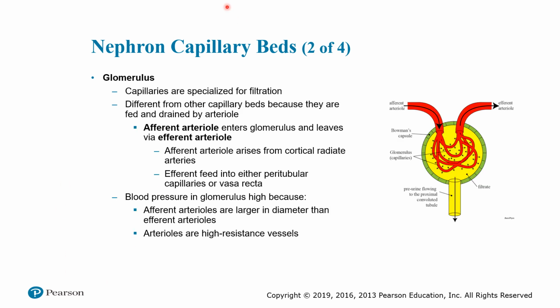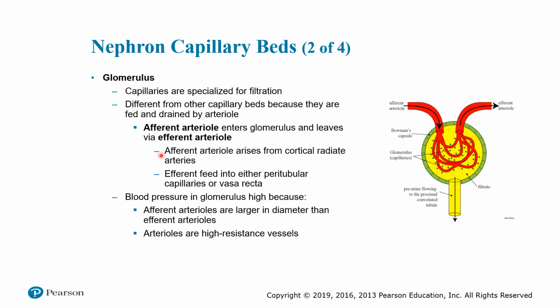Now let's see in detail. The first capillary bed is the glomerulus. These are specialized capillaries for filtration. They are different from other capillary beds because they are fed and drained by arterioles. There is an afferent arteriole which is wider, and then there is an efferent arteriole which is narrower compared to the afferent. In this diagram, the difference is not prominent.